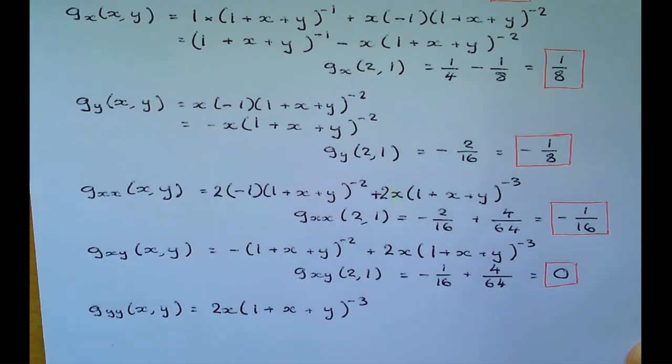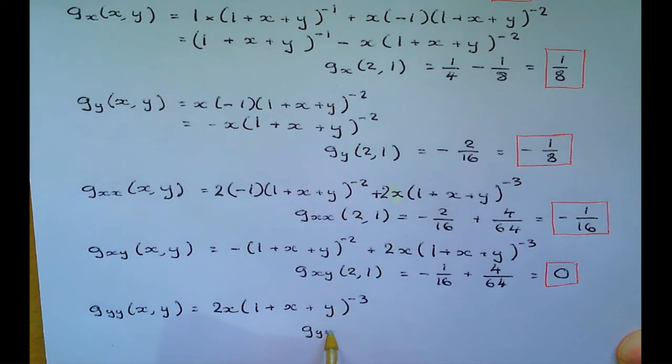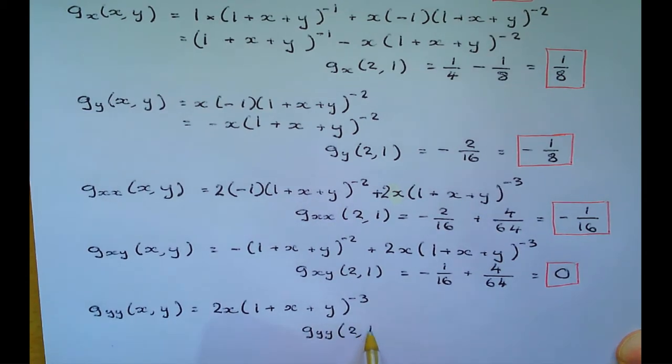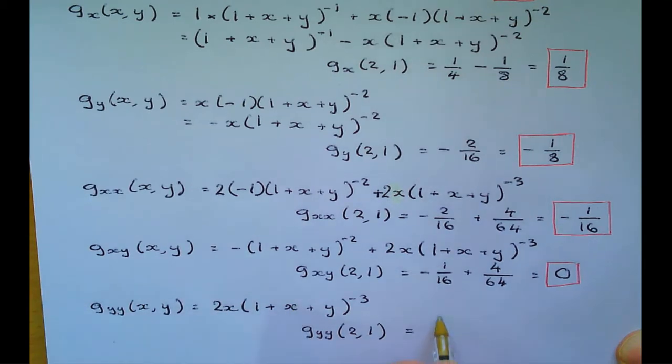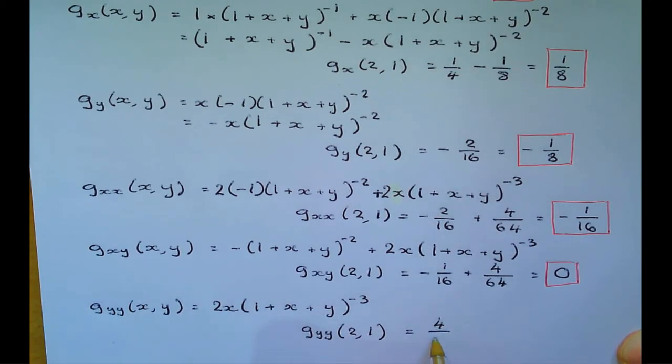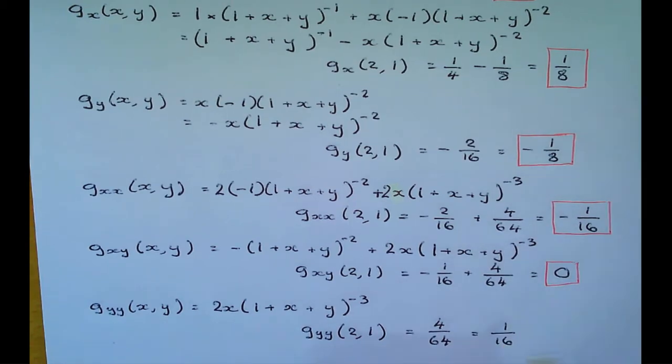And when we evaluate this at the point 2, 1, we have 4 over 4 cubed. That is 1 over 16.